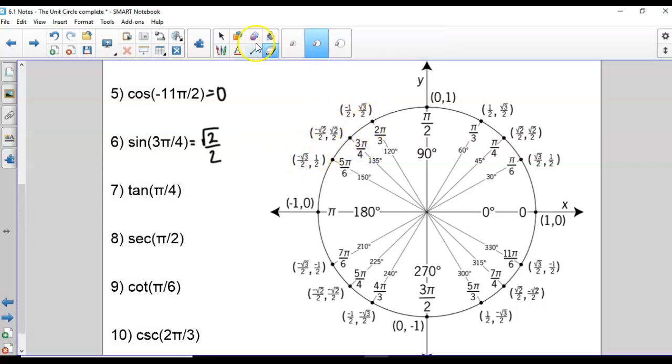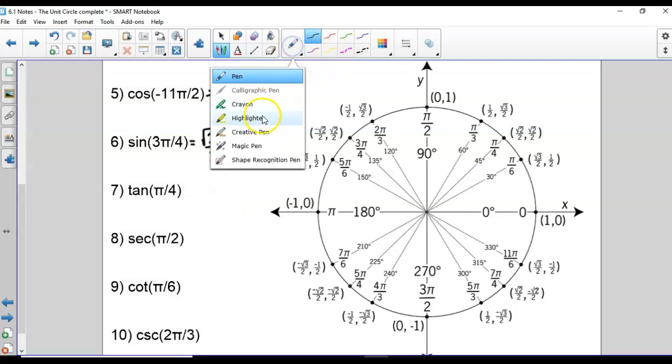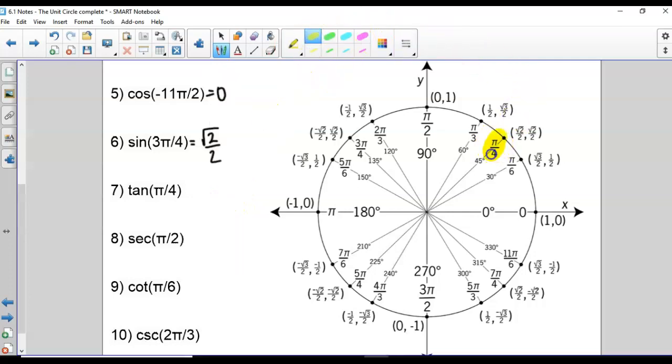Okay, let's do some more. This one we definitely need to talk about. So tangent of pi over 4. Pi over 4 is fairly easy to find. It's right here in that first quadrant. So pi over 4 is on the unit circle, but tangent is nowhere on the unit circle.